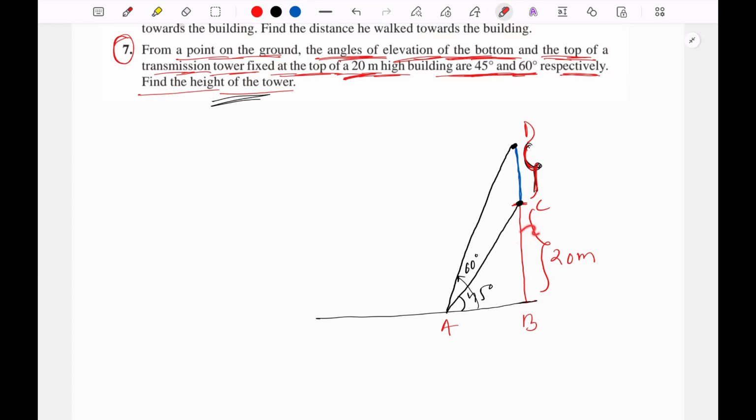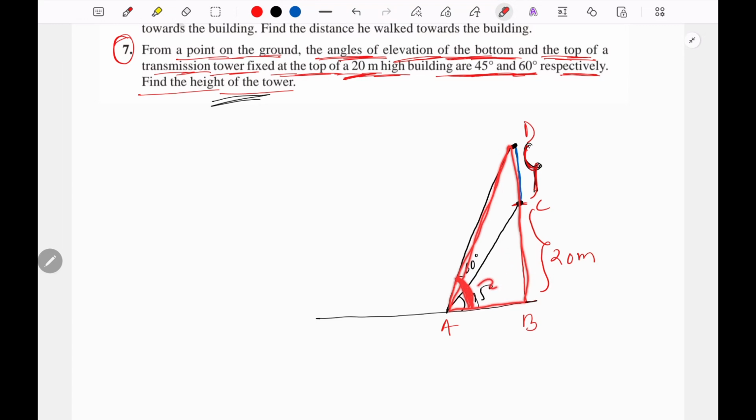The first one is, we will consider this triangle. From this triangle this length is given to you, 20, so we will find this length AB. After getting the value of AB, we will consider the next triangle, ABD, the big triangle with angle 60 degree.